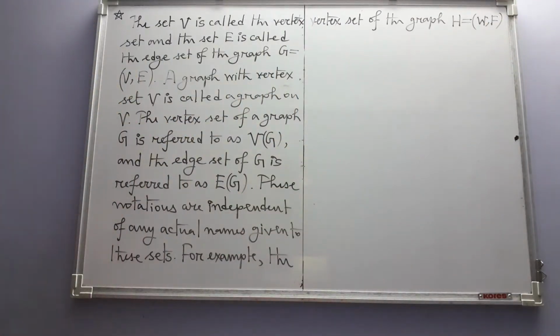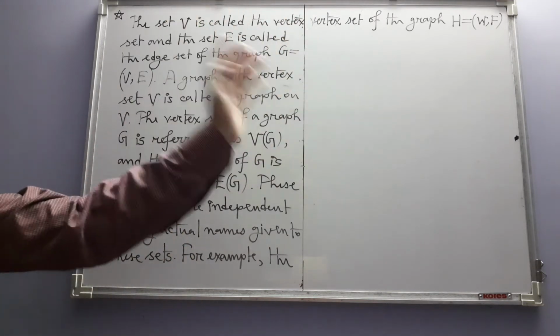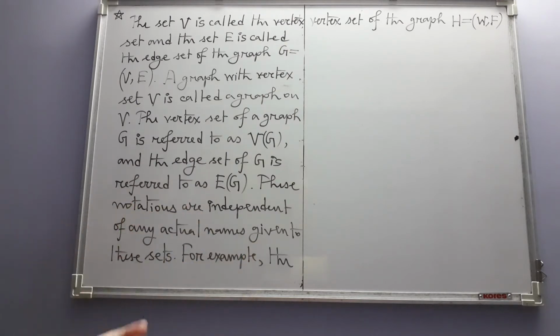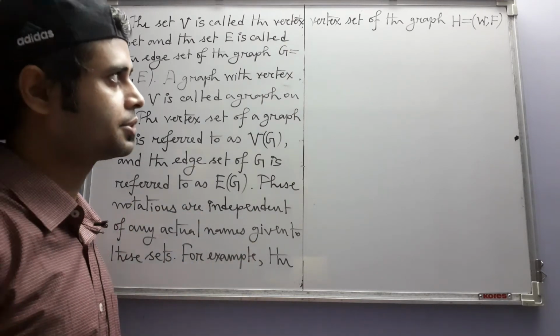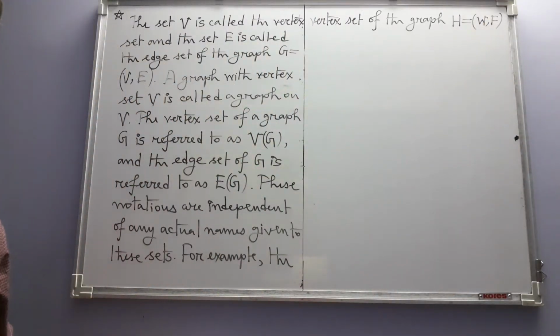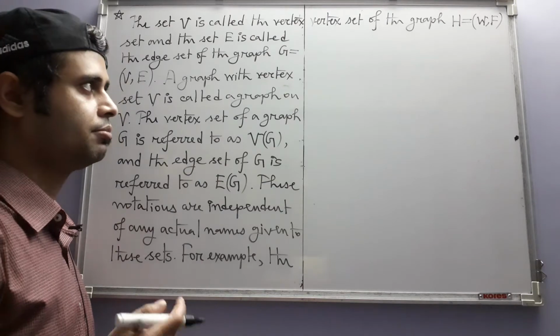So we have already said that there is no need to always write G, V and E. We can give different names to them, and we will need to because we have different types of graphs. So say our some graph is called H and its vertex set is W and edge set is F. So these are names given to the vertex set and edge set.